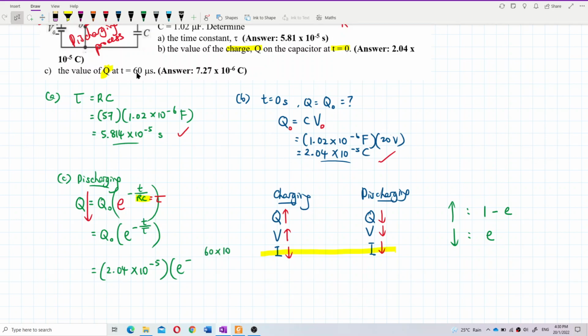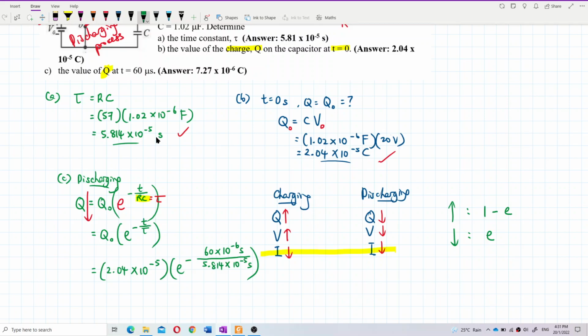Micro is exponent negative 6, so 60 exponent negative 6, over the time constant, which is 5.814 exponent negative 5 second.